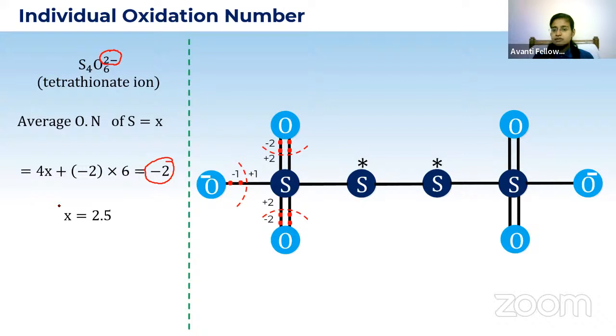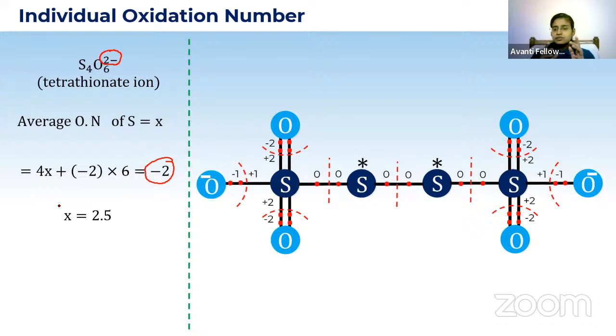Coming to the sulfur-sulfur bond, both the bonded atoms are the same, so there is no charge separation. It is 0. The second and third sulfur-sulfur bonds are also 0. For the other side, it is the same: -2 +2, -1 +1, and -2 +2. Got it? This is the separation of the charge.